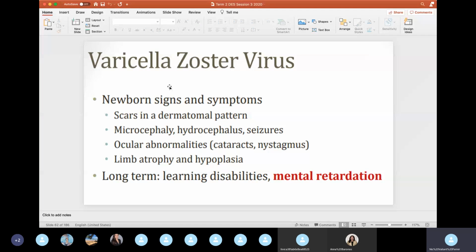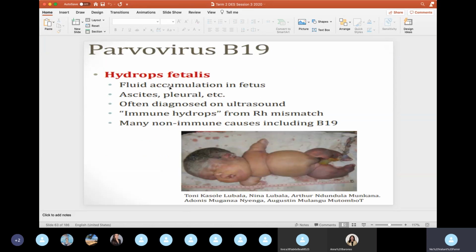The baby can have mental retardation. I don't like that word. I don't like retardation. So think about intellectual disability. Okay? So when I say varicella zoster virus, you say long-term effect is intellectual disability or learning disabilities.